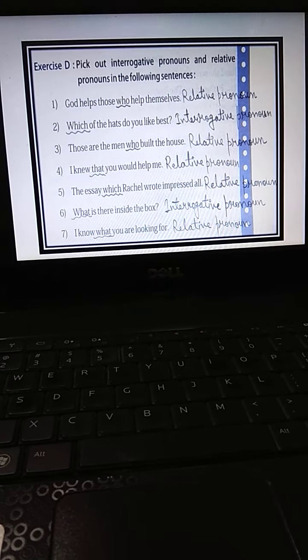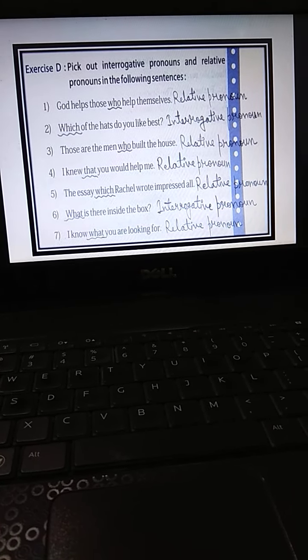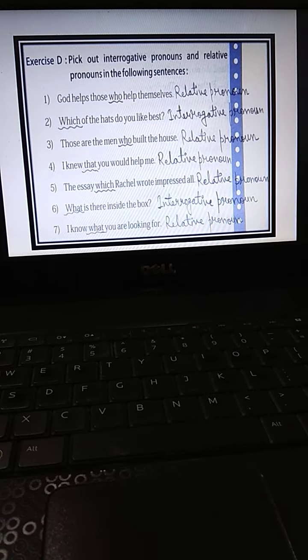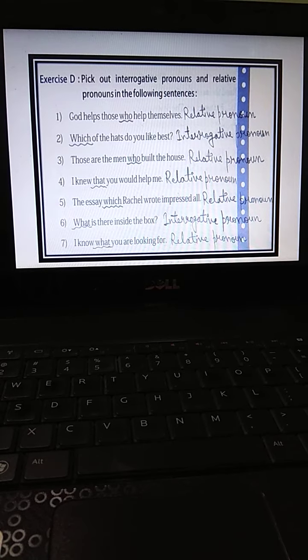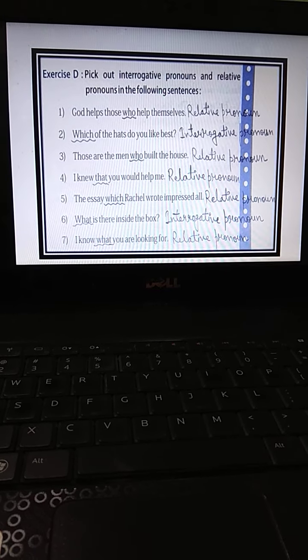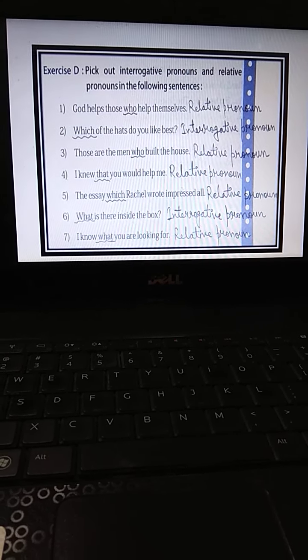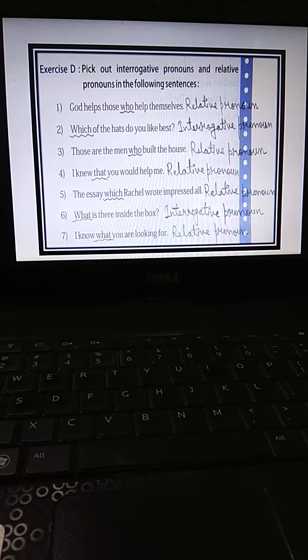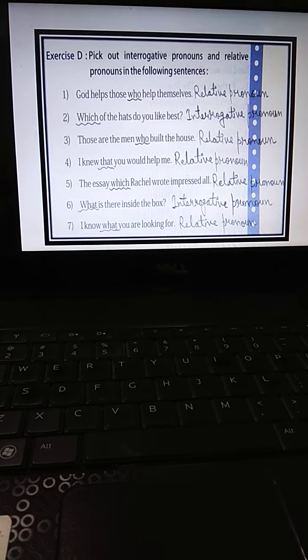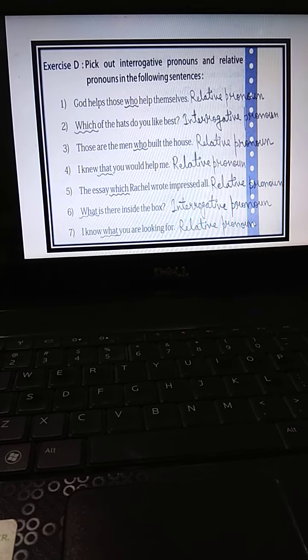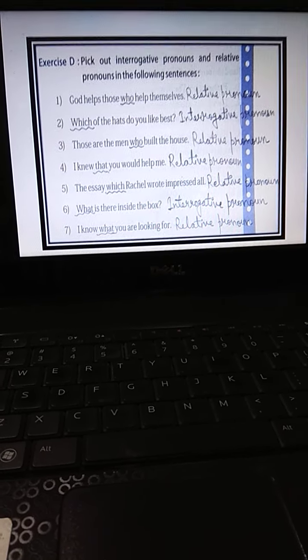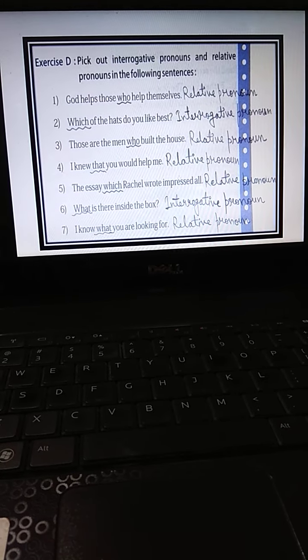Or we can say, the noun which is referred to by the relative pronoun comes before it and is called its antecedent, as I told you in the chapter explanation portion. Now, 1.